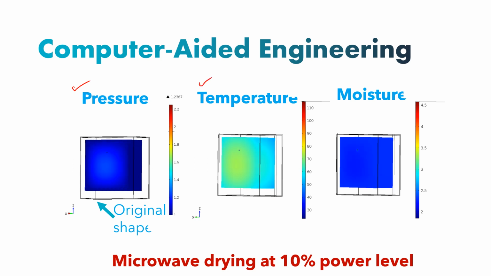The second one is showing temperature, third one is showing moisture, but you also see as it loses moisture it shrinks, so you can see the geometry shrinking. And so again, you see this as a very complete picture of the process that would be very hard to get just experimentally. And this kind of physics-based model are the building blocks of computer-aided engineering tools.